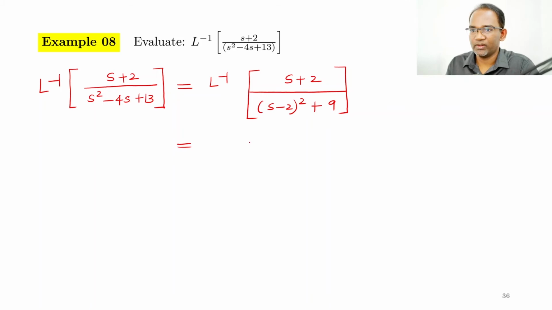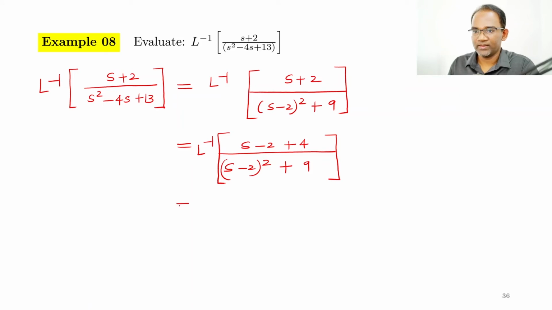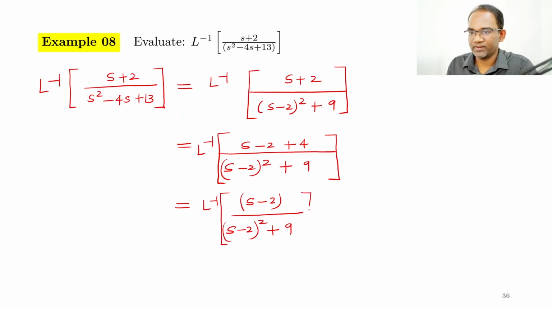And this is equal to L inverse of (s minus 2 plus 4) over ((s minus 2) whole square plus 9), which is equal to L inverse of (s minus 2) over ((s minus 2) whole square plus 9). That is the first term.